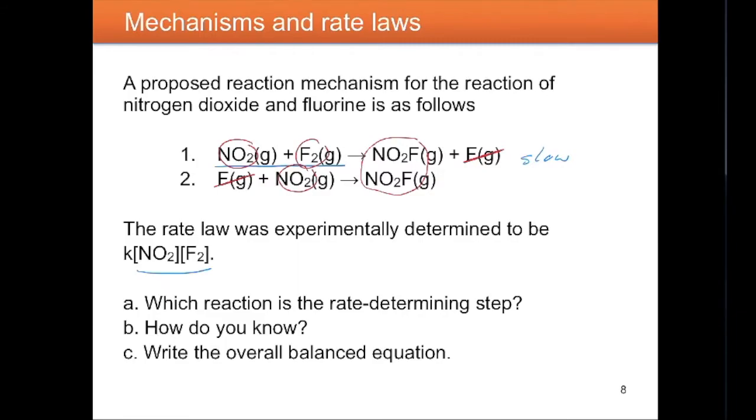So the overall reaction is going to be 2 NO2 plus F2 produces 2 NO2F. And I should put the phases there. Everything is a gas.